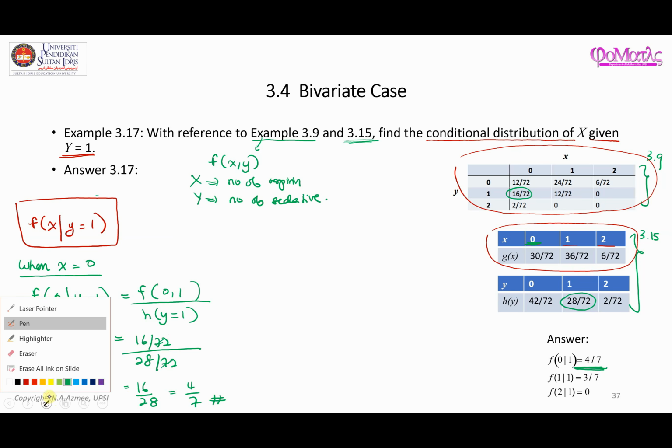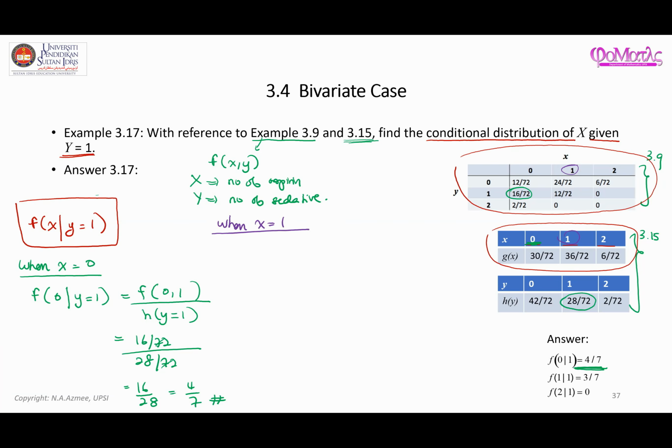Now let's move on to the next one, where you have to consider the next possible value of x. You can see the next value of x here is x equals to 1. So when x is equal to 1, what we have is f1 given y equals to 1.